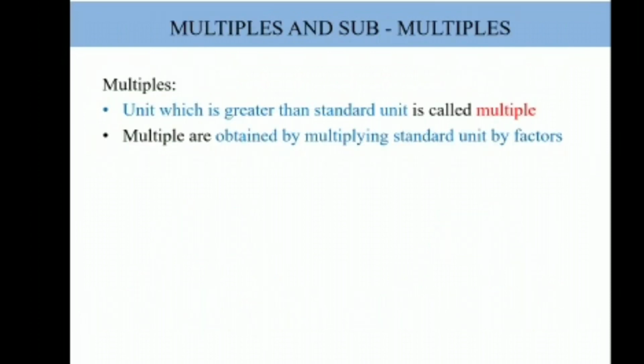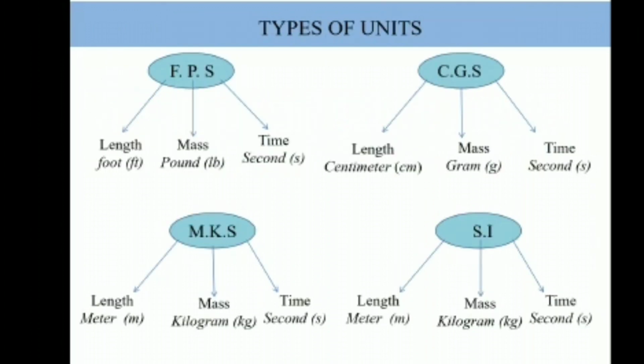Then the next thing we'll discuss is multiples and submultiples. So what are multiples and submultiples, right? For that you should remember that the units which we have used in MKS system and SI system are standard units. For example, if I'm measuring the length of a stick in meters, that works. But if I want to measure the size of an ant, the ant is smaller than the standard unit.